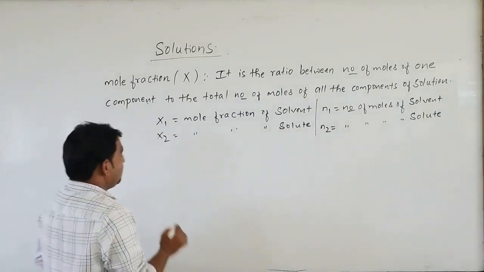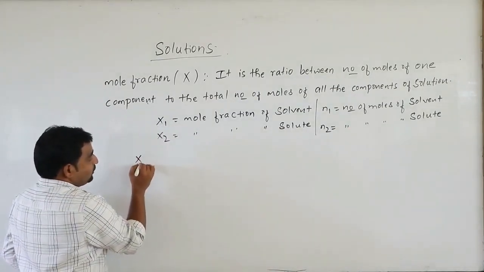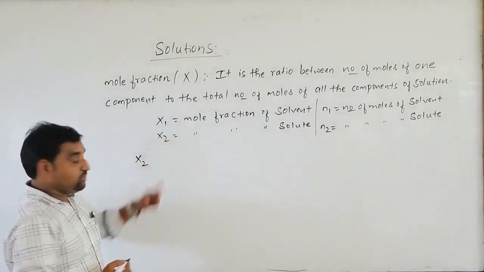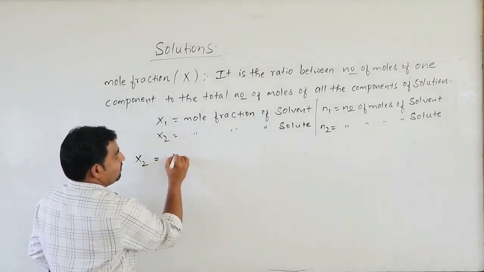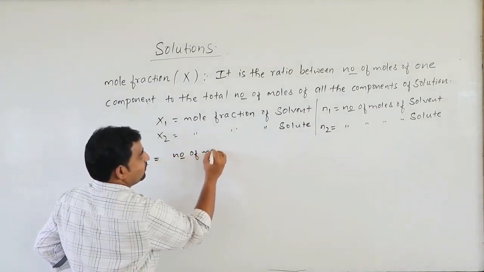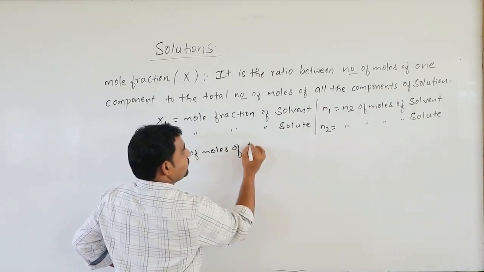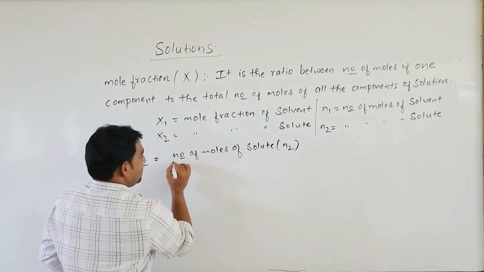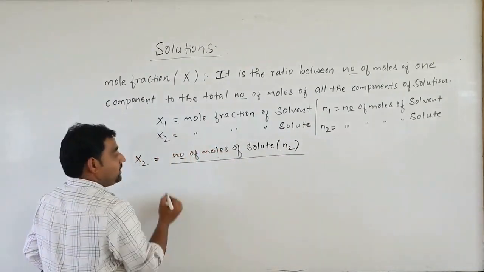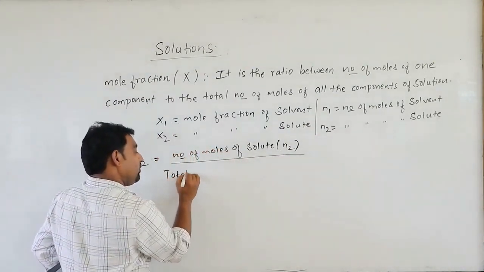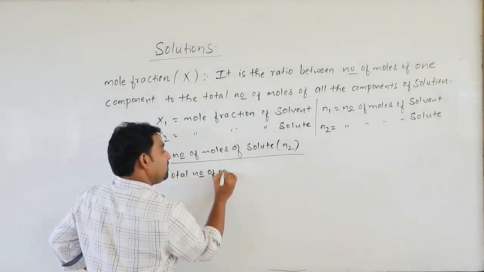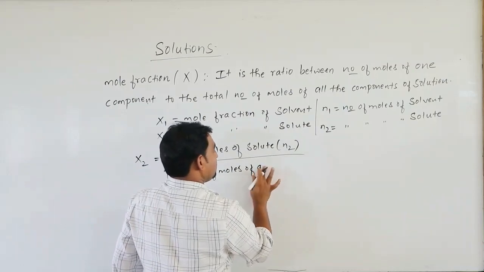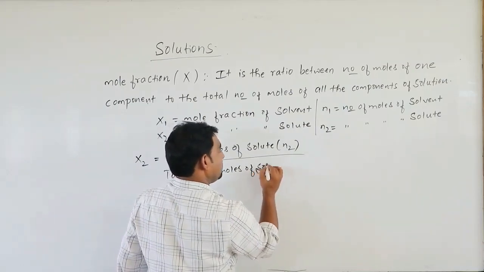Now if you want to write the mole fraction of the solute, denoted by X2, it is equal to the number of moles of solute, N2, divided by the total number of moles of solution.